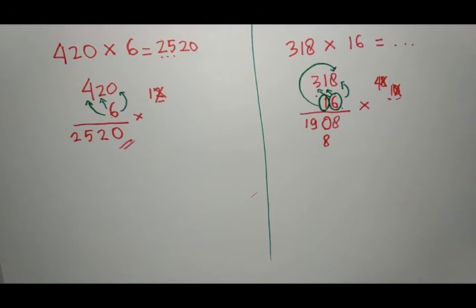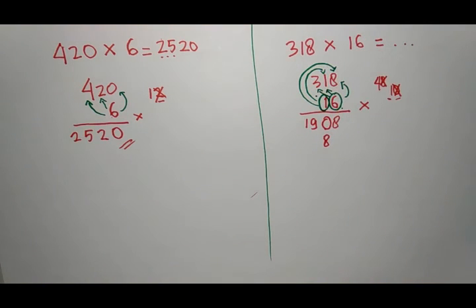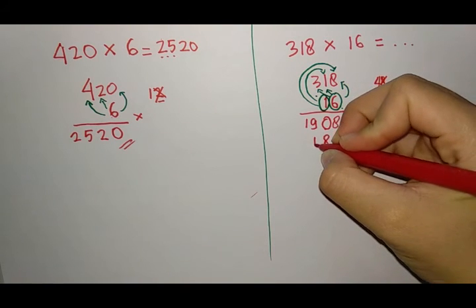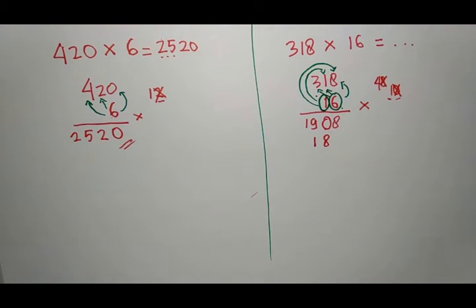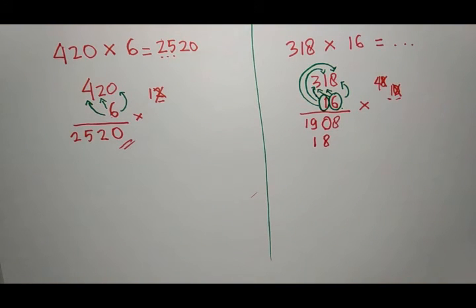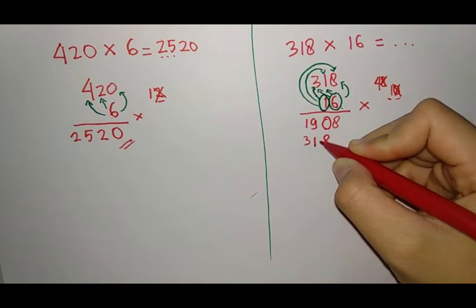And then multiply 1 by 1, which is 1. After that, we multiply 1 by 3. 1 times 3 equals 3. Put it in front of the 1.